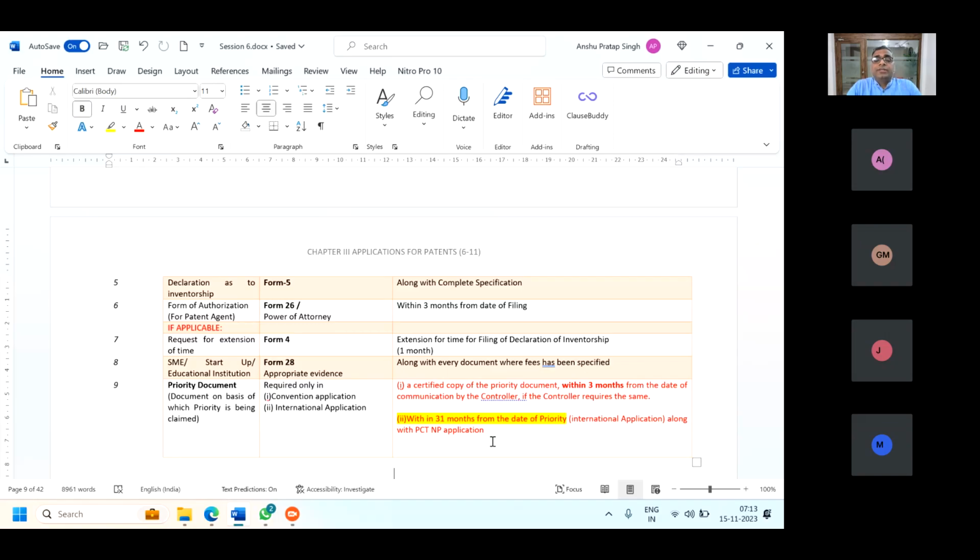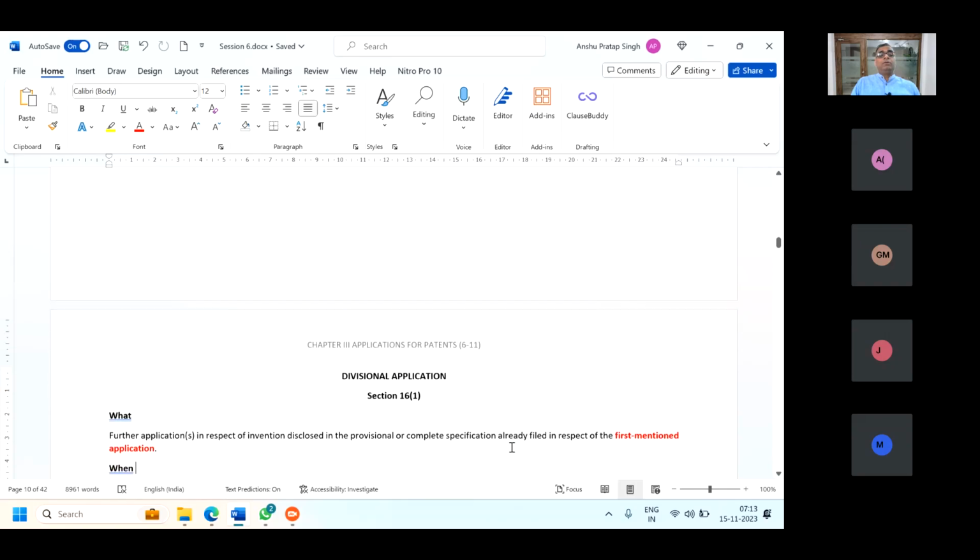Please note that a certified copy of the priority document has to be filed. In an international application, the priority document should be submitted along with the PCT NP application, and the PCT NP application should be submitted within 31 months from the date of priority. This is how it is.